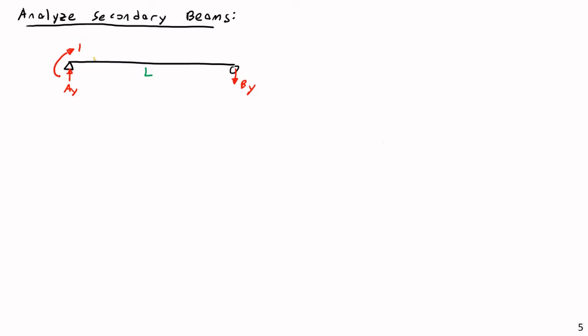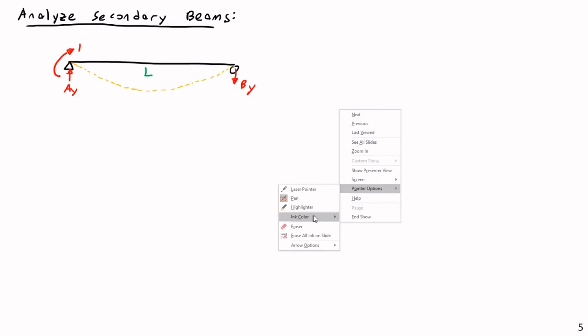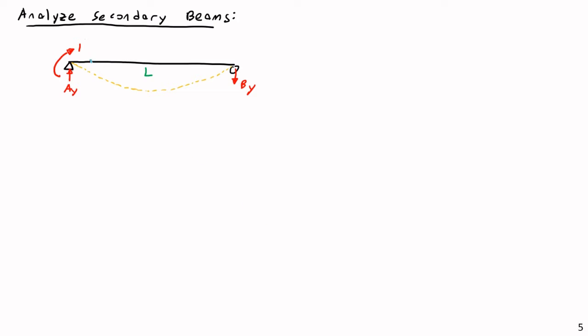Then, let me go ahead and show the deflected shape, and then highlight the deflections of interest, or in this case, the rotations of interest. Just like in the case of the primary beam, we're going to be looking at the rotations on either end of the beam. This particular rotation is going to be theta AA, lowercase theta because this is a rotation from a virtual load.